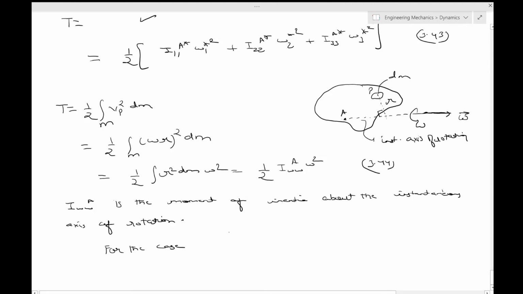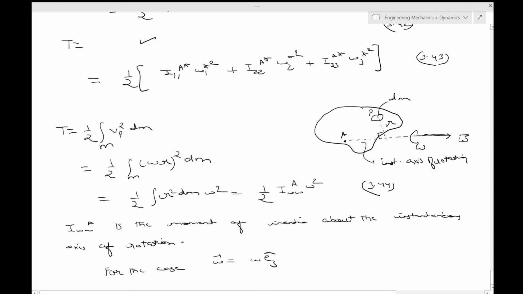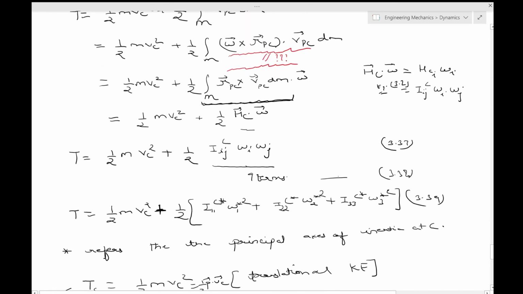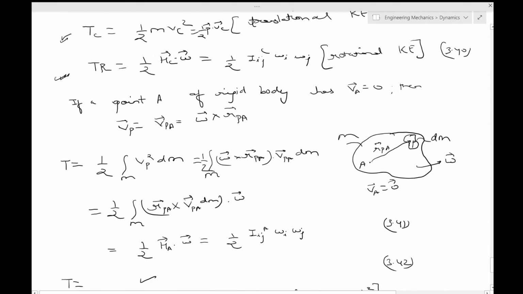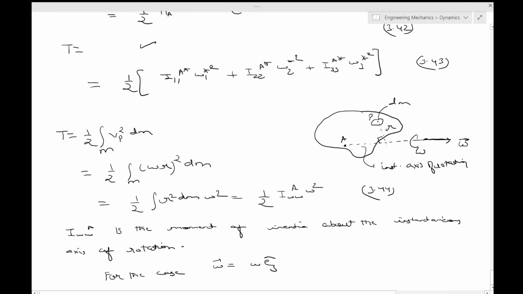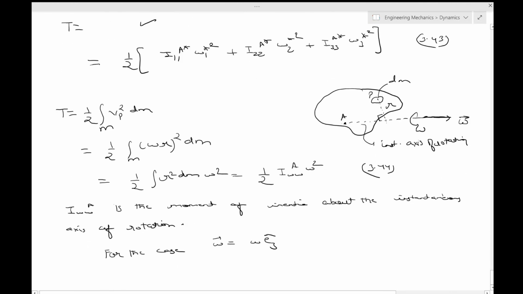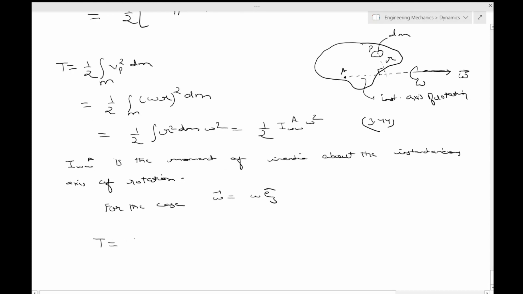So for the case, if you have, say, omega is equal to omega E3, okay, then you can combine 3.37, this one, and 3.44, okay, so that would give us, say, T is equal to half m v_c square plus half I_33^c omega square.